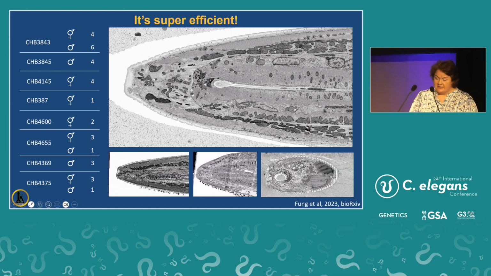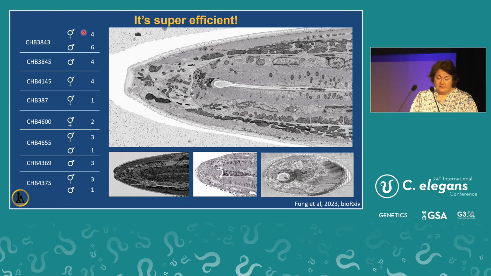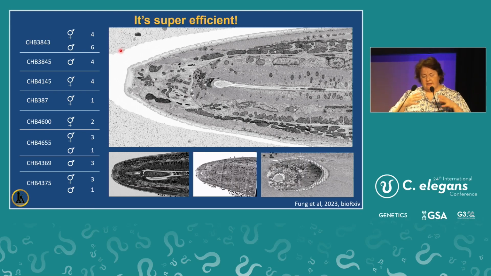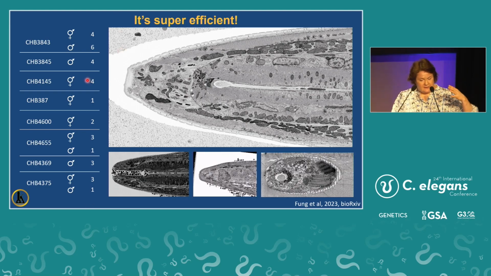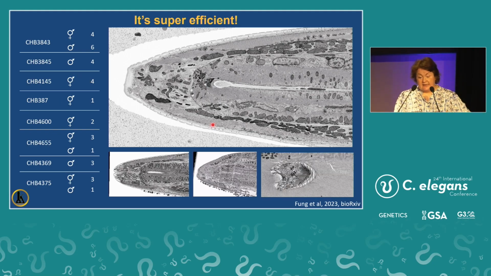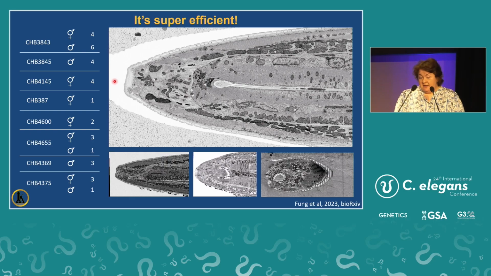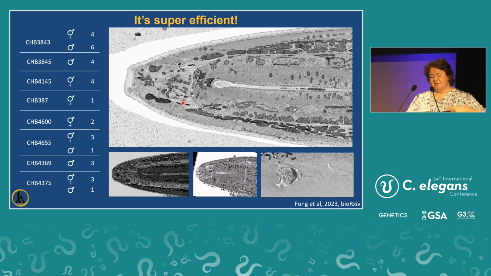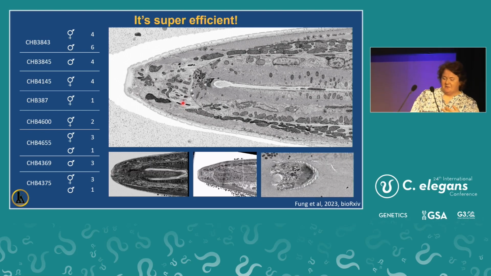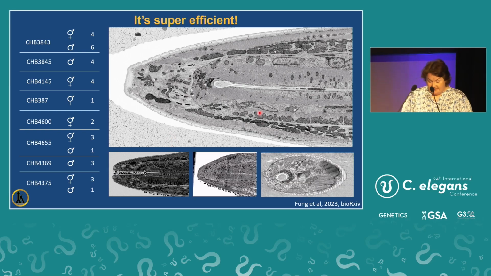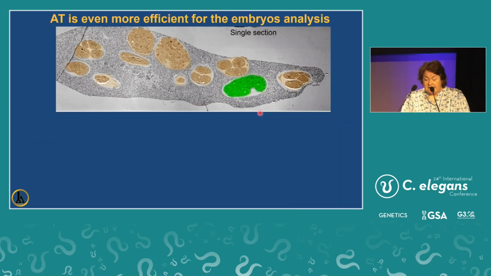So those are just 4 examples, but for each of these genotypes, I have acquired the stacks, around 100 sections, and actually it's quite statistically significant. It's not one animal, and it's not like only 2 mutants. So I was really glad that we managed to do that.